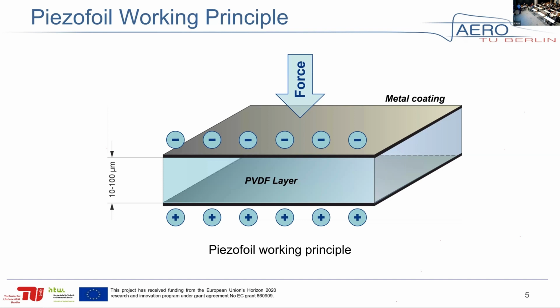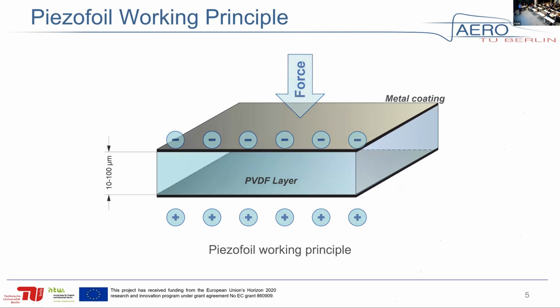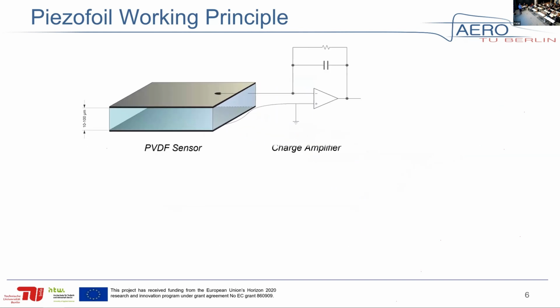And so if we coat the faces of the polymer with metal, we can then extract those charges. And by means of a signal conditioning system, in this case a charge amplifier, it's possible to convert this charge into a voltage that is readable by a digital acquisition system.